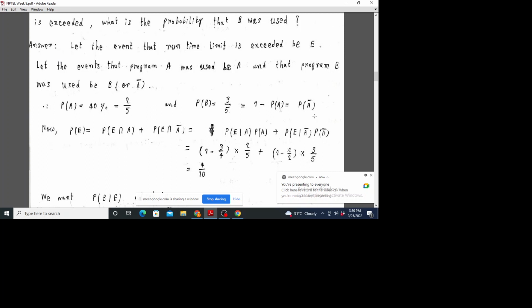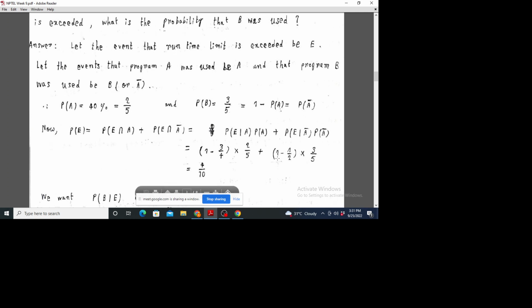So yeah, similarly for the second term also. As I said, A complement means B. So we have to find the conditional probability of the occurrence of the event E given that B has occurred. The complement of this event was given in the question as 50%.